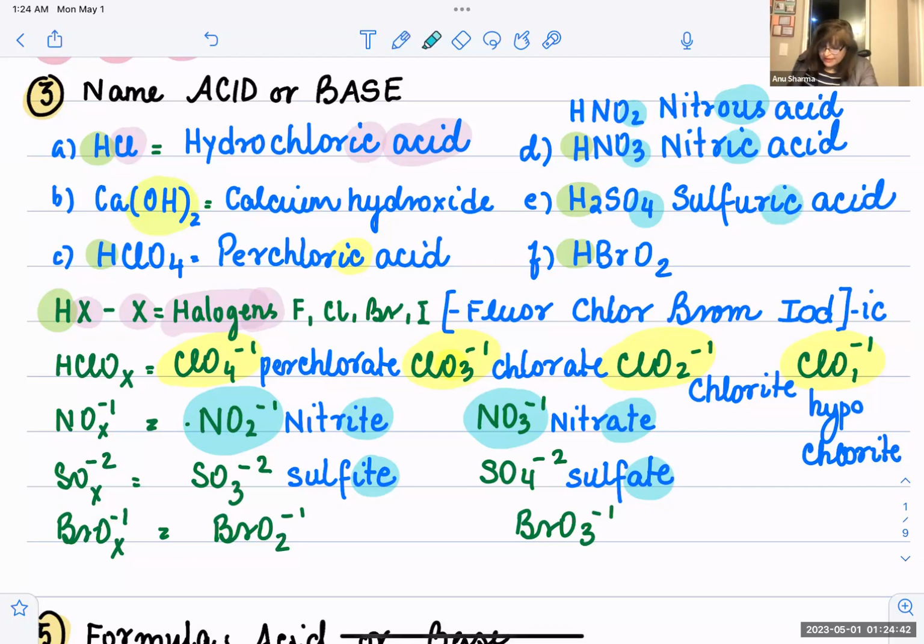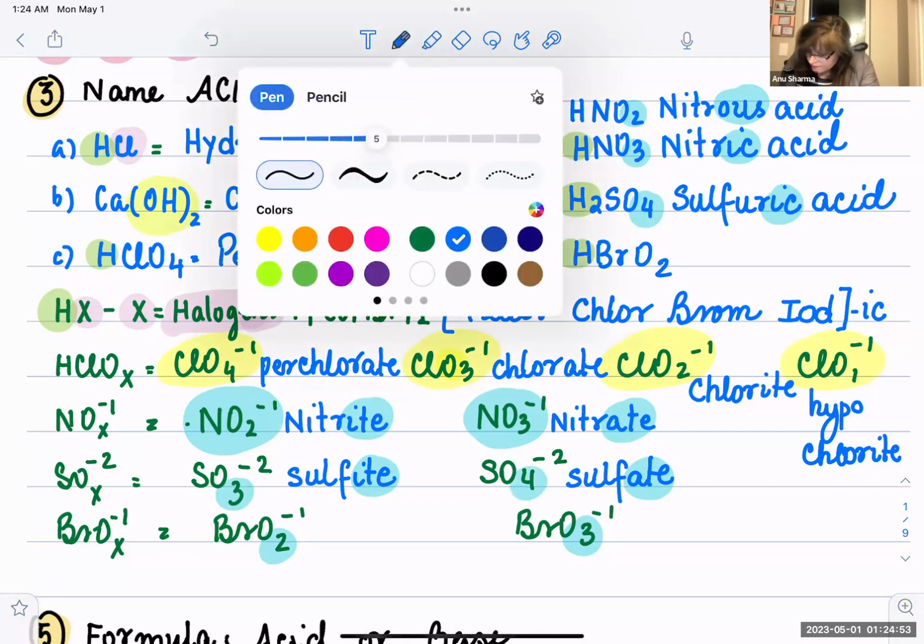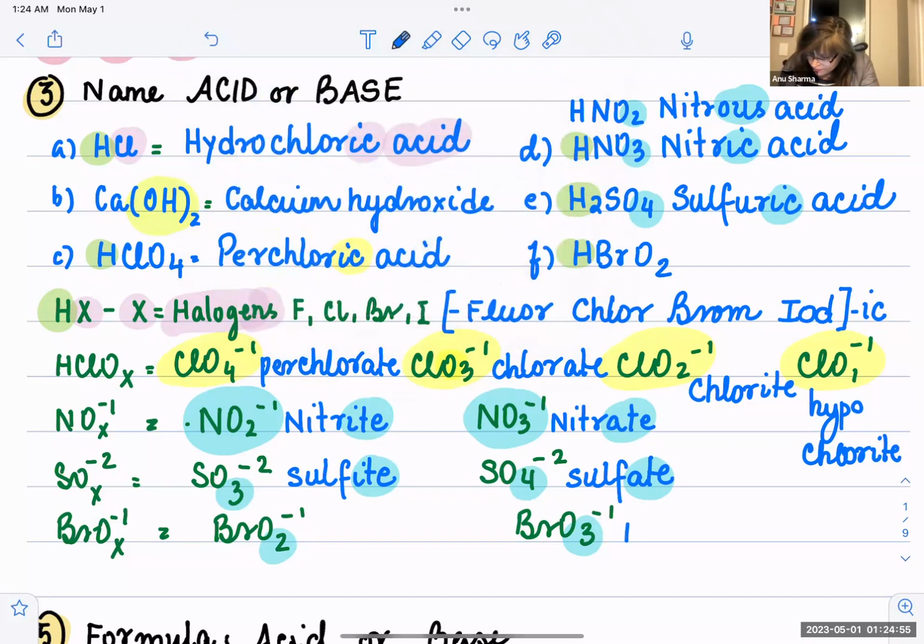Now similarly, bromate and bromite. So this is the bromate anion and bromite anion. Bromite is the lower oxidation state and bromate is higher.